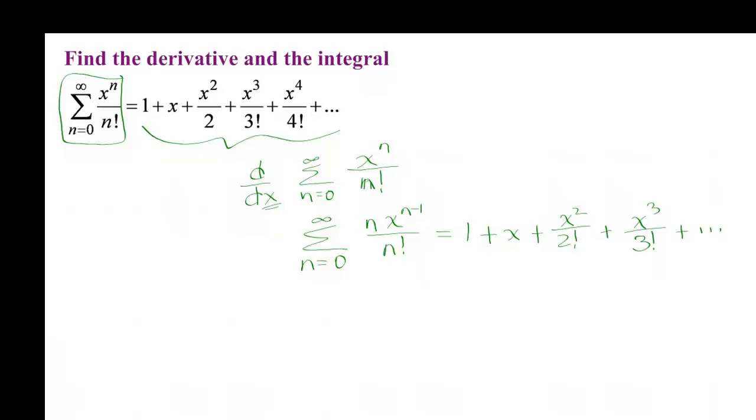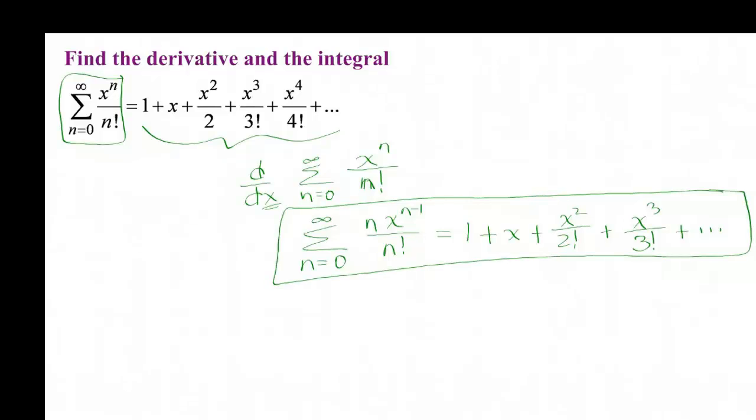Hopefully you can see what I'm doing there. 4x cubed over 4 times 3 times 2 times 1. Those terms cancel, and what's left is going to be 3 factorial. That's all I'm doing there. So that's what the derivative of the general term and the derivative of the power series would look like. And that's going to yield us a new general term and a new power series. The function is not really involved. We don't know what the function is here.